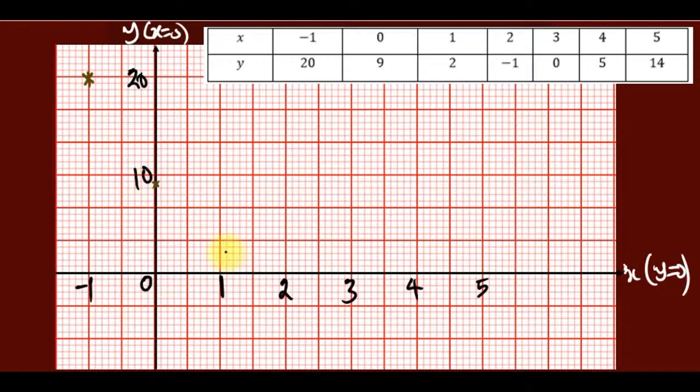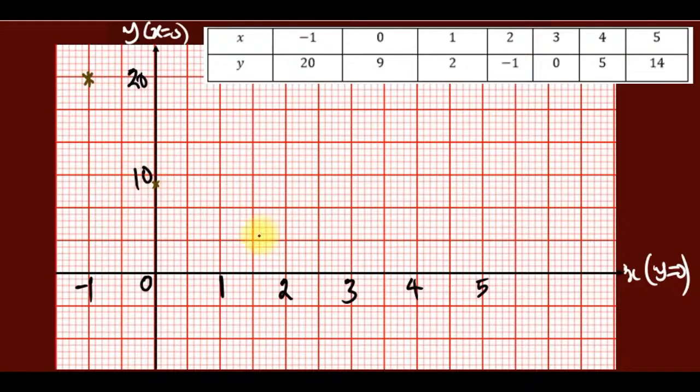So that's it. When x is 1, y is 2. So we divide 2 by 0.667 so that we locate 2 in y. So we have 2 divided by 0.667. We have 2.9, almost 3 grid lines.